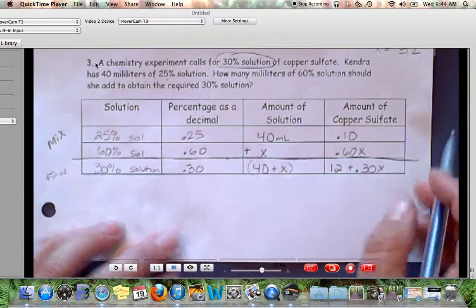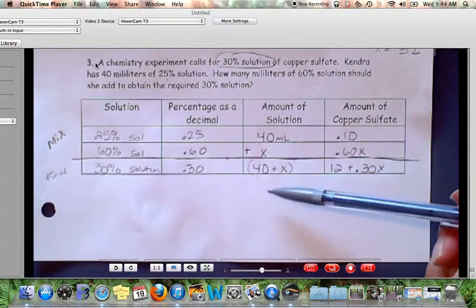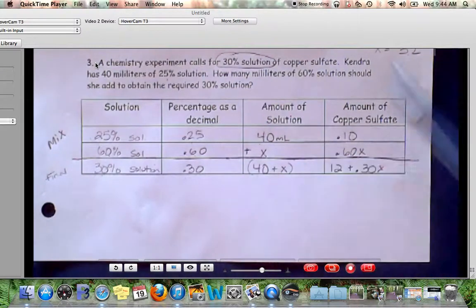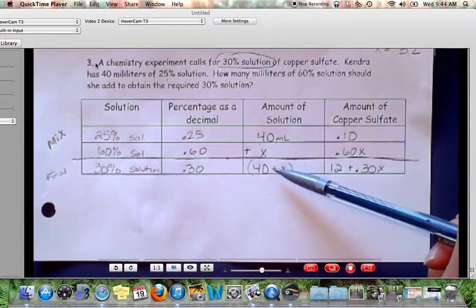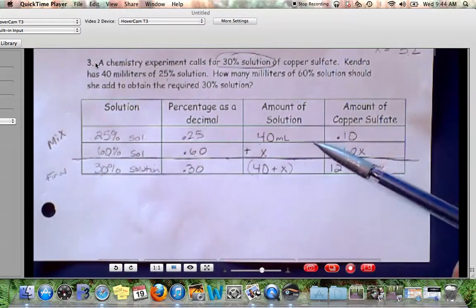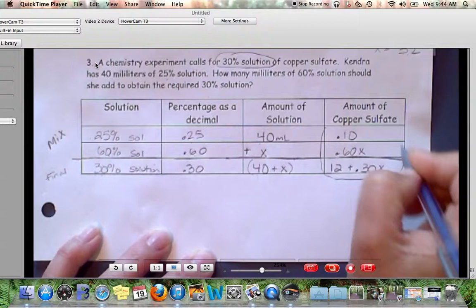Now, that is the first difference. We've got 3 rows in a mixture problem, the two you're mixing together and the total. So there isn't going to be any information about what the total is besides we know that we're getting a 30% solution. So in a mixture problem, this always becomes your equation right here.